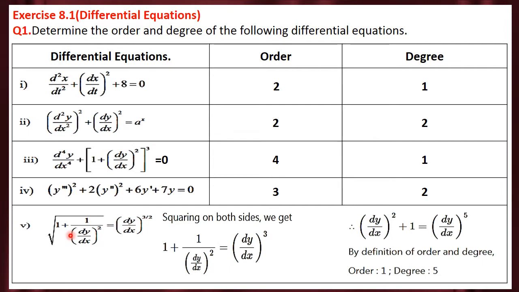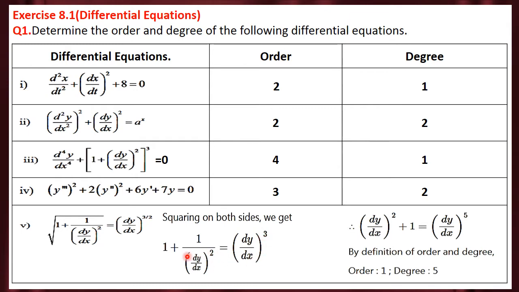Now here on the left hand side the square root occurs and on the right hand side the fractional power occurs. So we have to remove both of these. So we will square on both sides. Then the equation will become 1 plus 1 upon dy by dx the whole square is equal to dy by dx the whole cube.